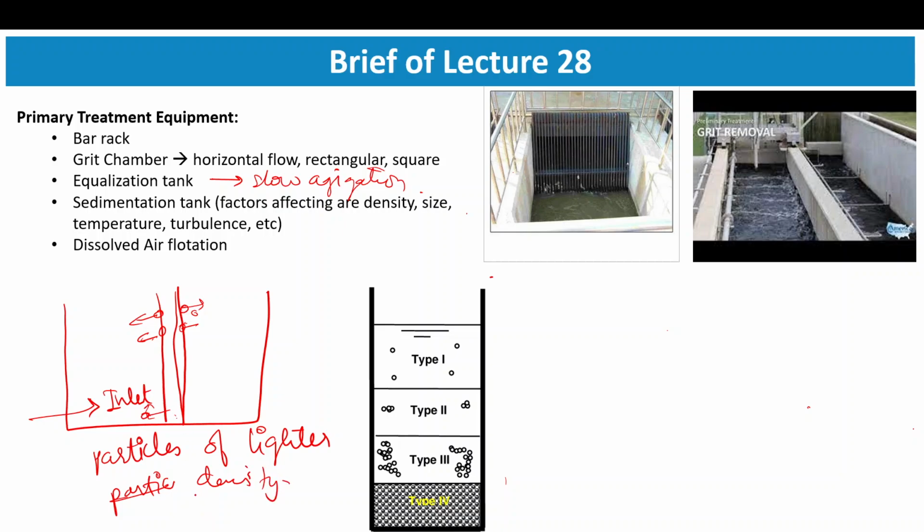Those particles will be taken up by these air bubbles, and the air bubble will collapse, and the particles will come to the top surface with the help of air. Now you can use some scrapers and take off these particles from the upper surface, and this is how you separate the particles through dissolved air flotation. So this is all about dissolved air flotation.